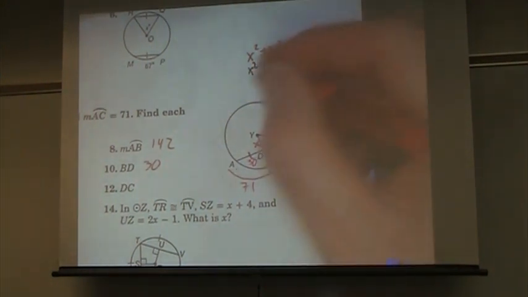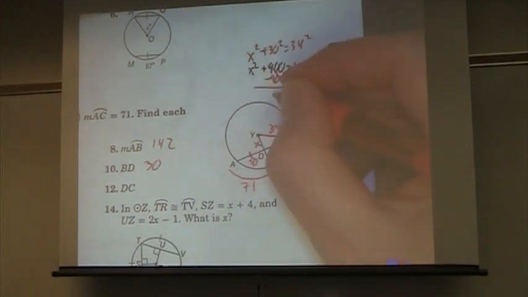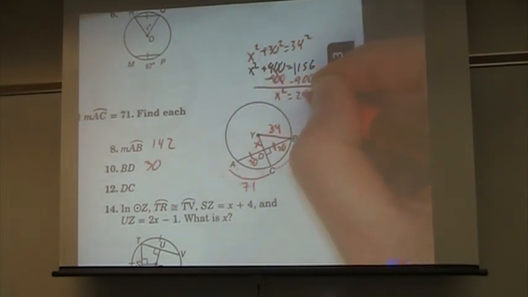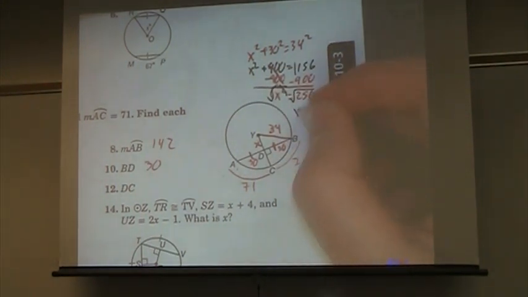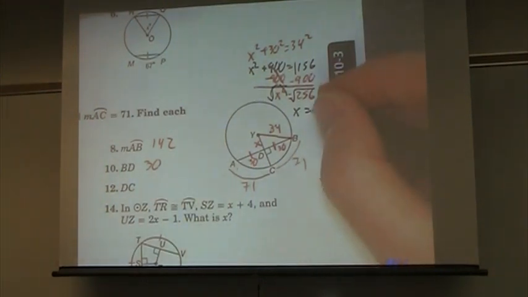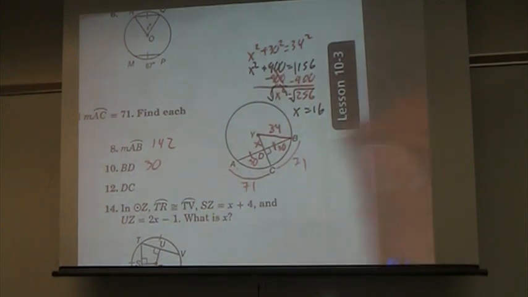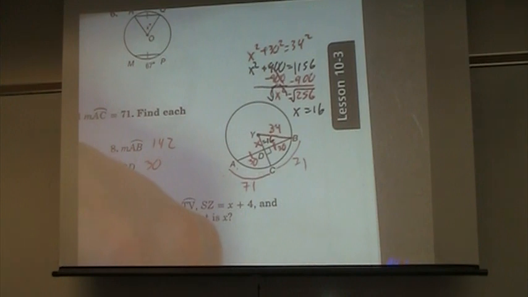And we're just going to isolate that variable. x squared equals 256. And x equals, I believe that's 16. But you know, always double check your work. Square root of 256 is 16. So x equals 16. So that's YD equals 16.